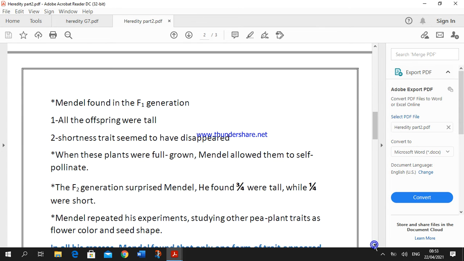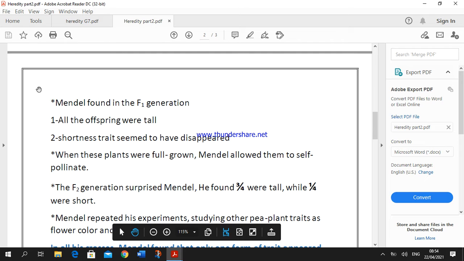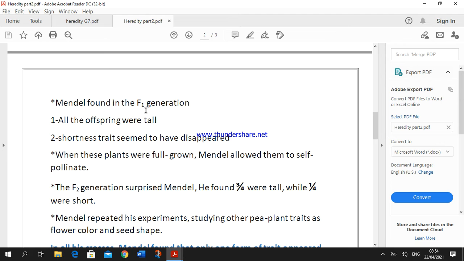So, we can summarize the observations of Mendel in these points. Mendel found that in the first generation, after cross-pollination between tall and short pea plants, all offspring were tall, okay?